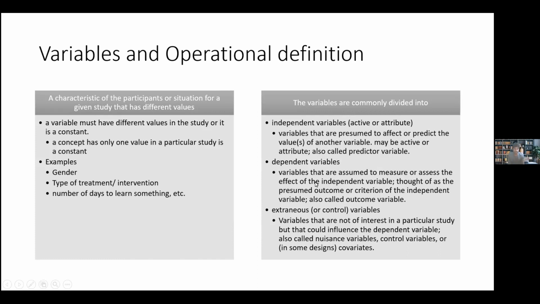Then we have other variables which are not exactly of interest in that study, but they also tend to influence the dependent variable. We call them nuisance variables, control variables, or sometimes we add them to the research and call it a covariate. Examples could be socioeconomic status or their earlier sleep patterns. If you're studying the effect of caffeine consumption on sleep, the person's earlier sleep pattern could also be an intervening variable, or an extraneous variable.